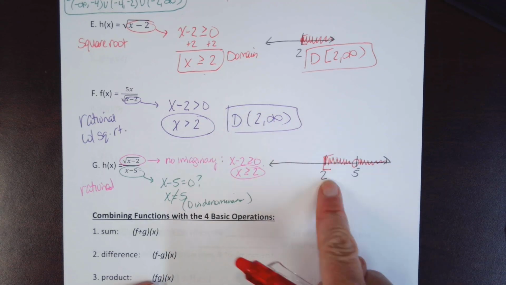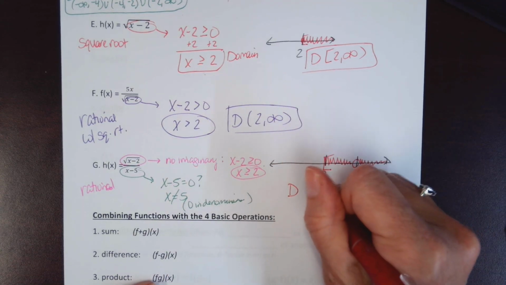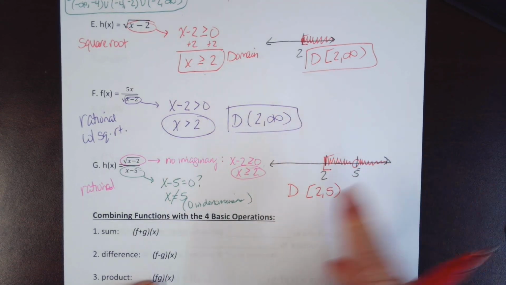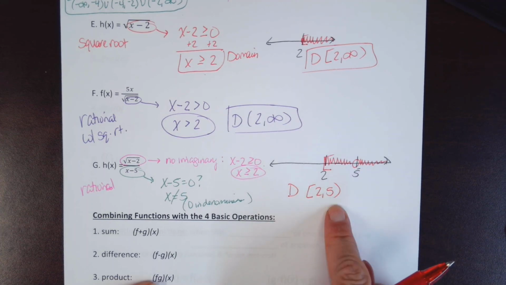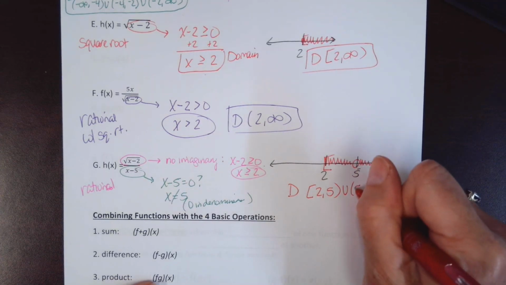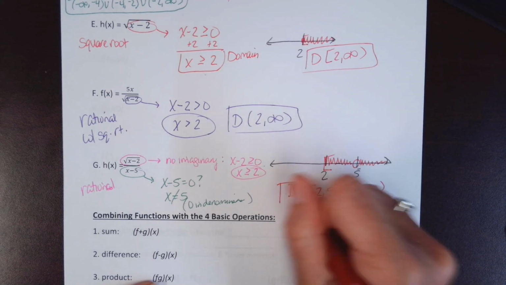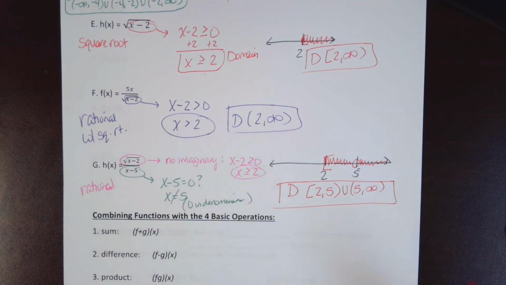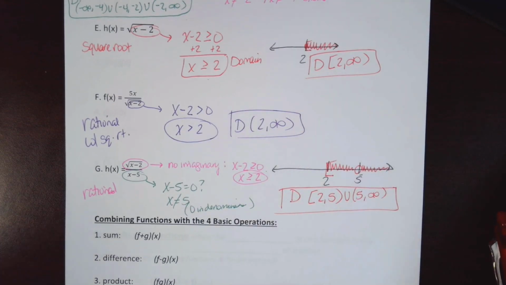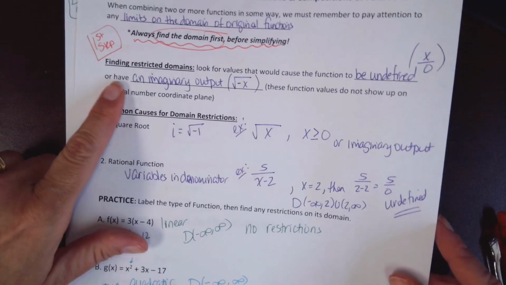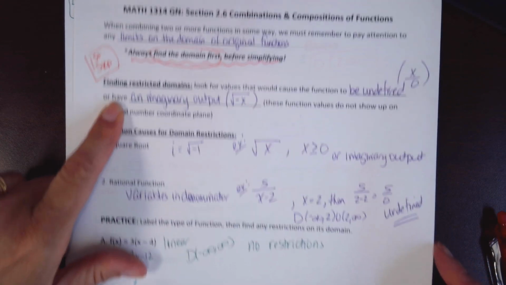So this picture tells me that my domain is from 2 to 5, 2 gets to be included, 5 is not, or 5 to positive infinity. Okay, so that's looking at domain. We have to think about restrictions on our domain before we can combine our functions.